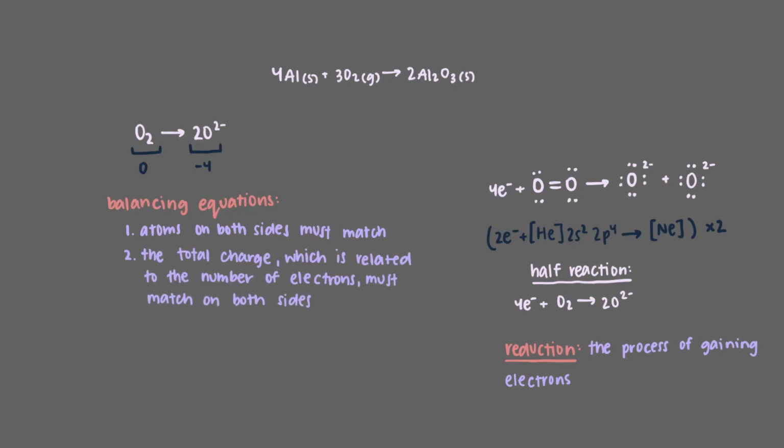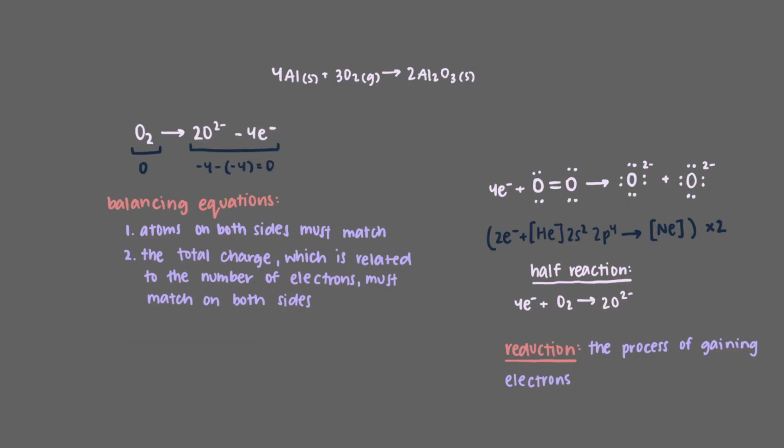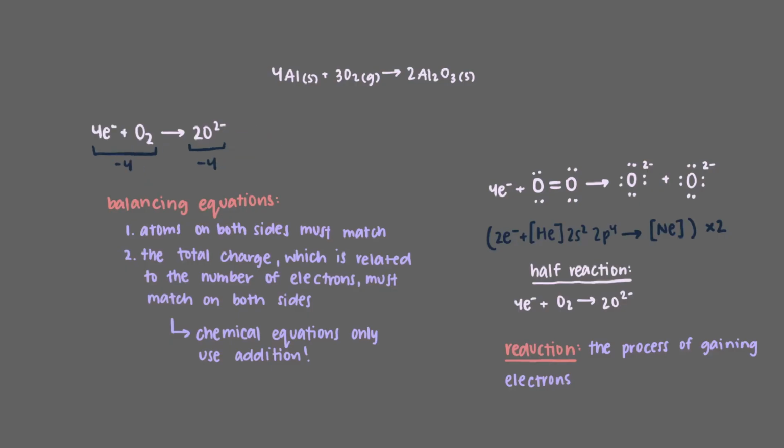The total charge, which is related to the number of electrons, must also remain the same. So what could we do to make the charges on both sides the same? While subtracting 4 electrons from the right might make mathematical sense, chemical equations only ever use addition, so that's not an option. So all we can do is add 4 electrons to the left. And there we have it, our reduction half reaction.